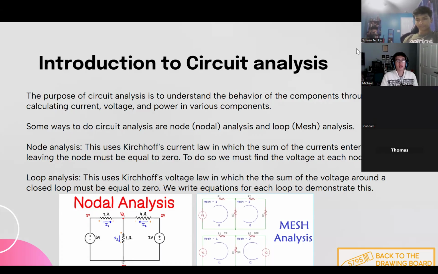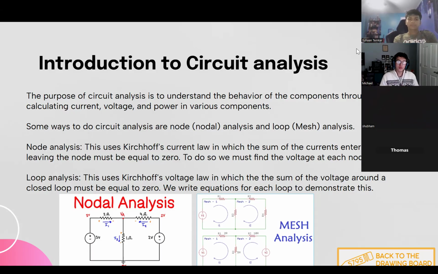So if you remember Ohm's law and power equals I squared R, and all of our other electrical circuit equations from earlier, we can apply them using these two methods, nodal analysis and mesh analysis, to calculate what resistances we need to get the required currents that we want.